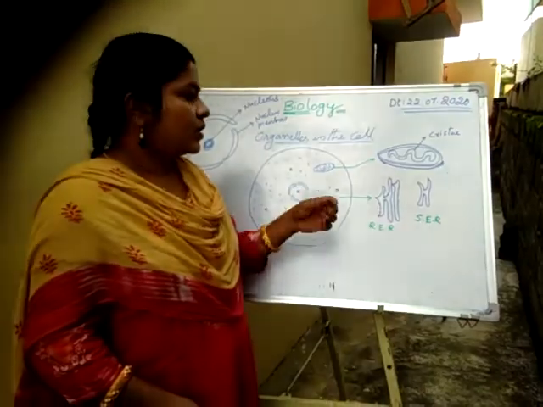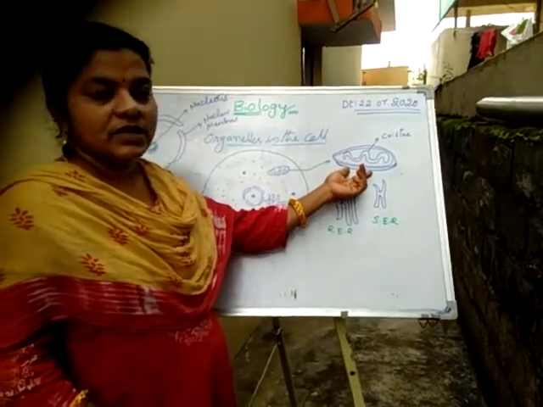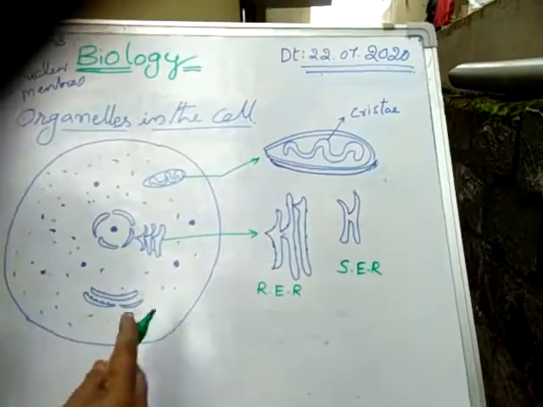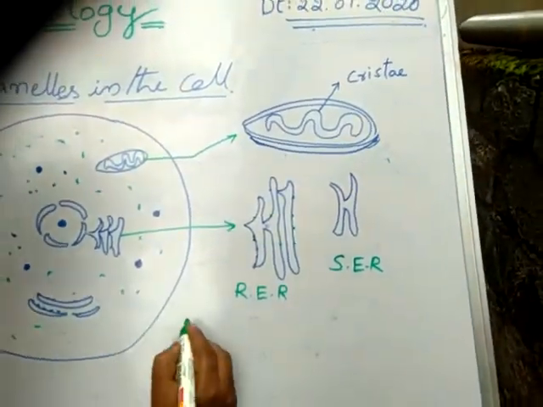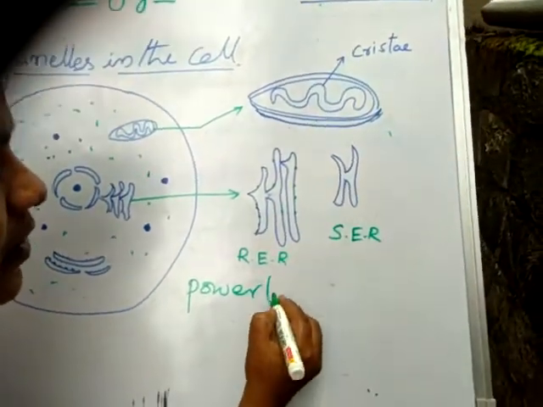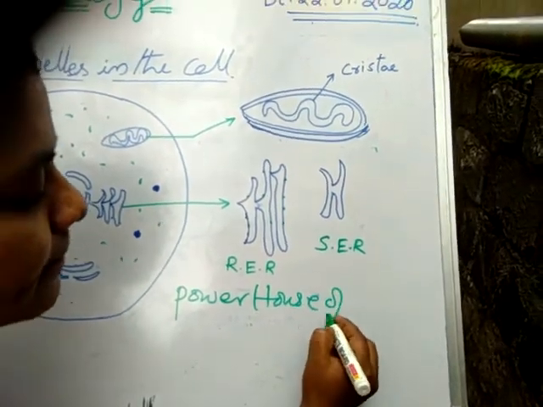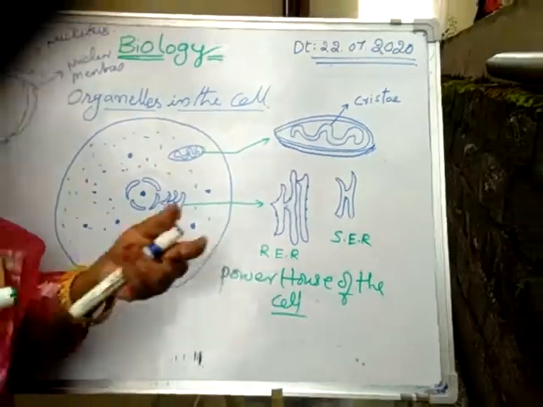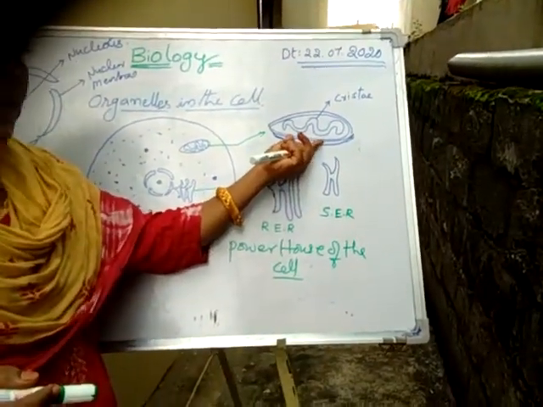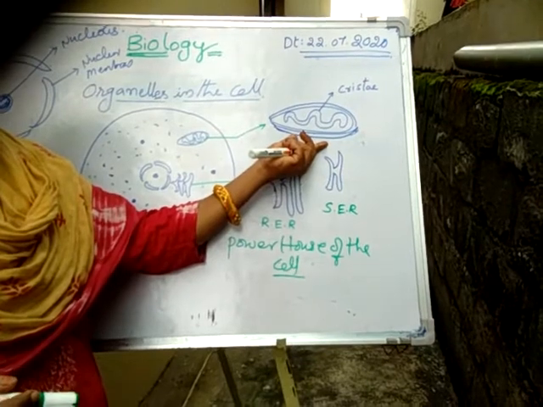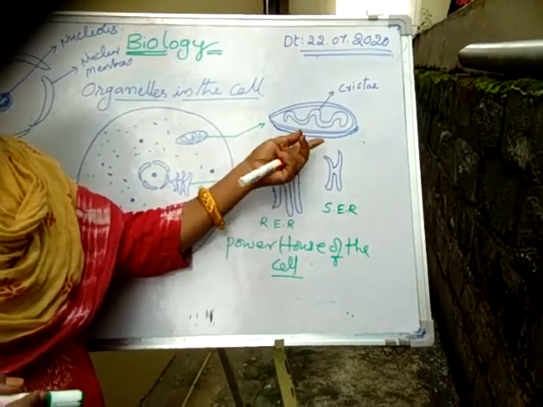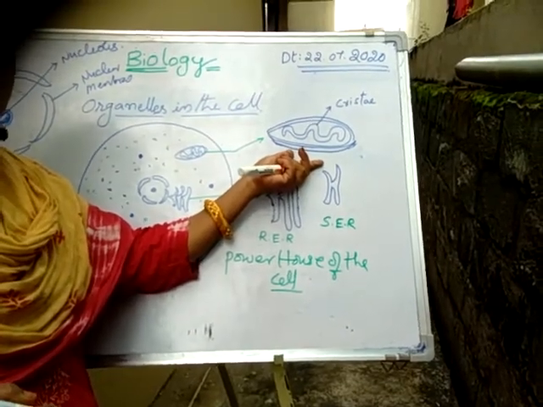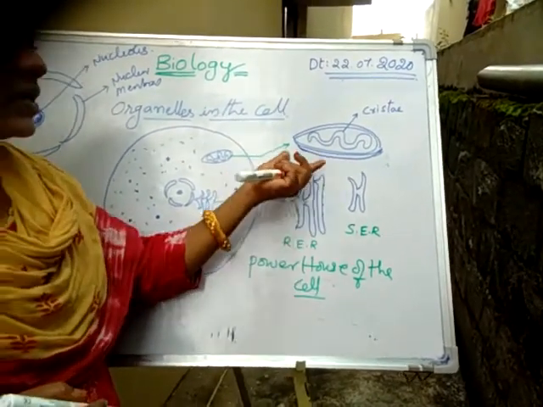Now I want to explain another part of the cell, that is mitochondria. This mitochondria is also called the powerhouse of the cell. Why is this called the powerhouse of the cell? Because whatever food we are eating enters the cell, and whatever oxygen we are inhaling also enters every cell, in the mitochondria.